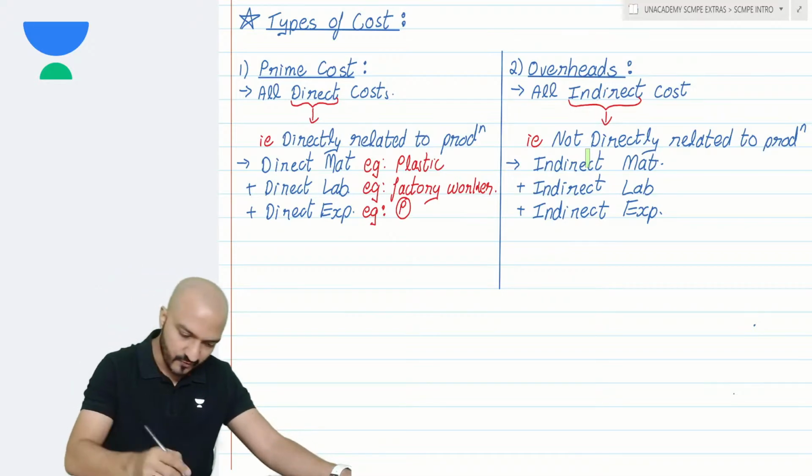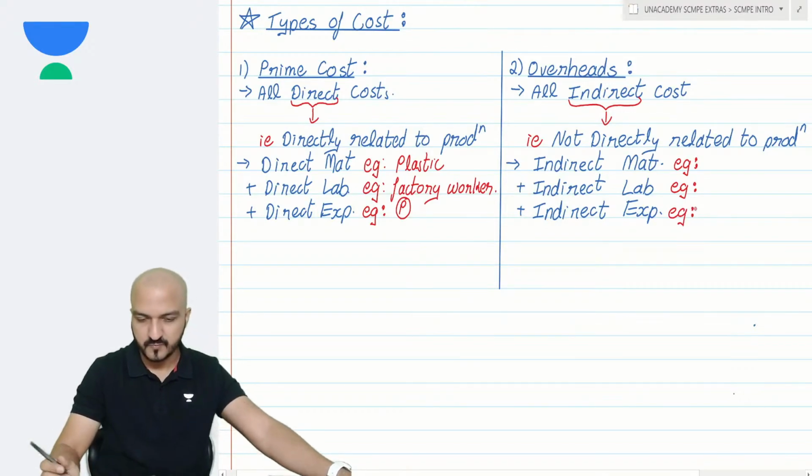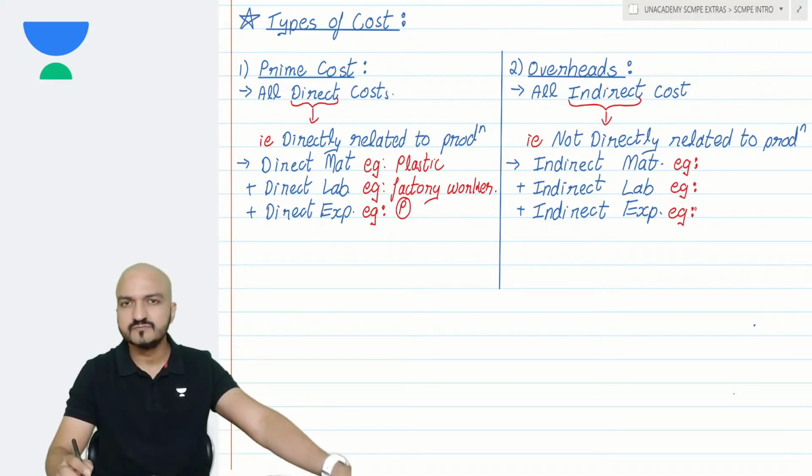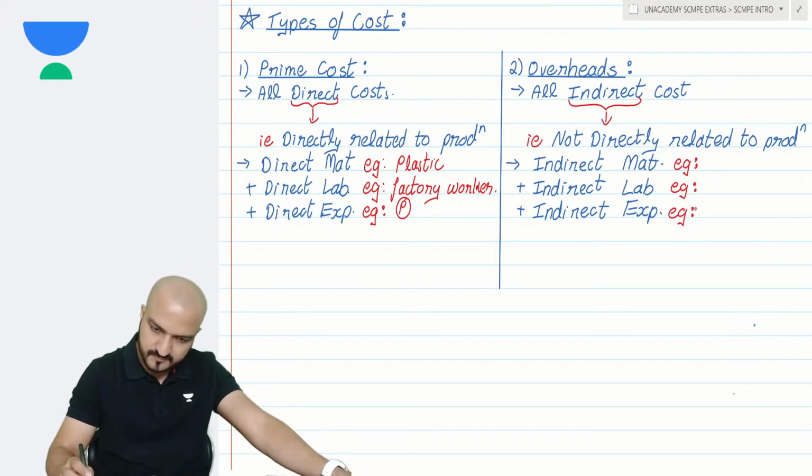Come on, give me an example for indirect material. Okay, spares which are used in the machine.